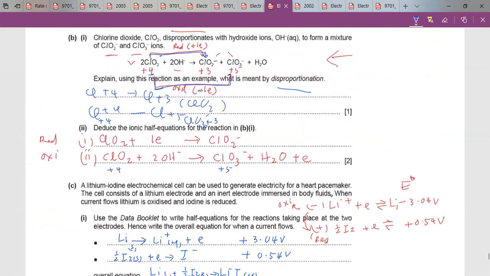Here. Deduce the half ionic equations for reaction B1. So what are the half ionic reactions? Which means you need to look at it carefully here. Both of them start with the same one.